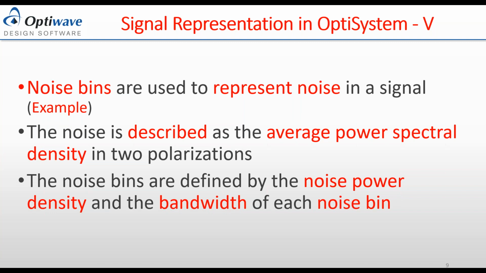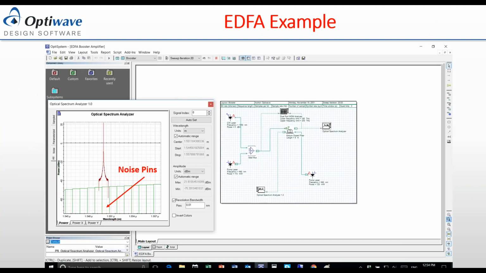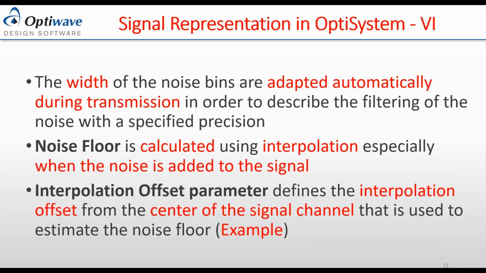For the noise bands, again, the noise is described as a power spectral density, so you have average power within a certain bandwidth. The width of this noise band is automatically adapted during propagation in the component, to allow filtering of the noise with a certain precision.